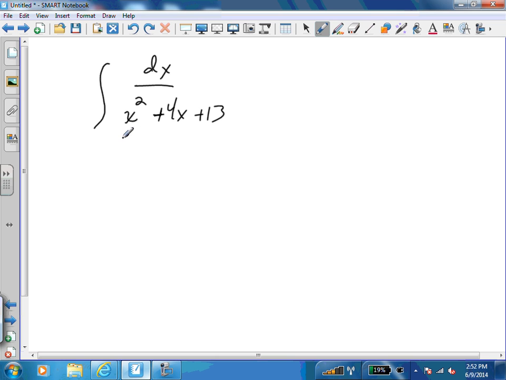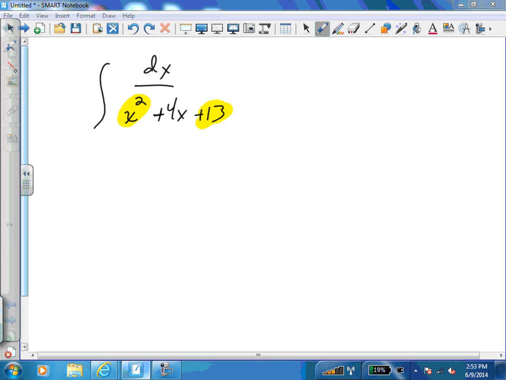We don't have just a variable squared and then a constant on bottom. Previously, we had a variable part raised to the second power, and then we had a constant. Here we have another term.